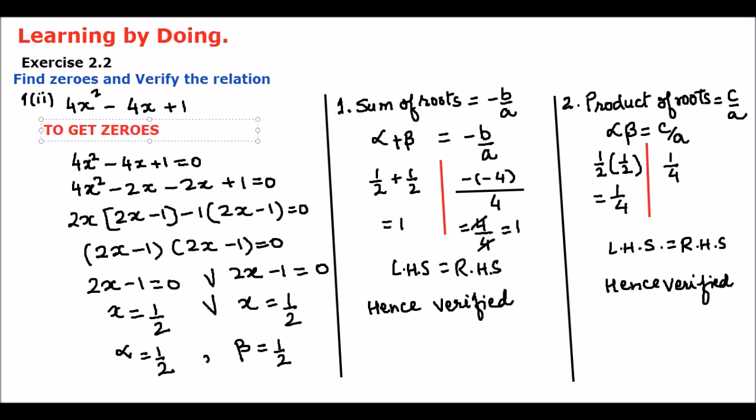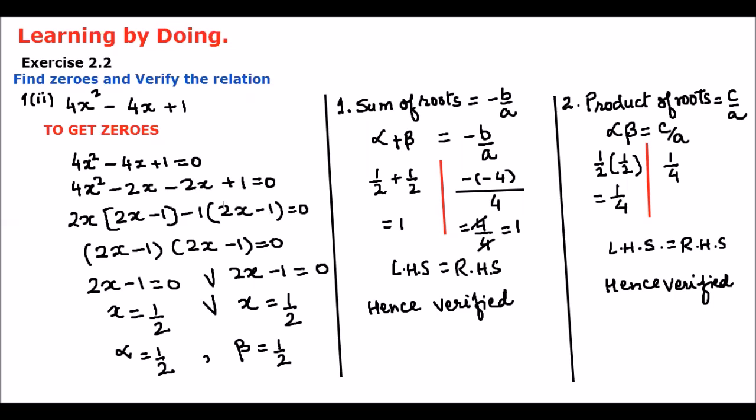zeros, we have to put it equal to 0. So, children, let's put this polynomial equal to 0 and then take the first two terms together and the last two terms together by splitting the middle term, and you will get 2x common and it is 2x minus 1. Then you will take minus 1 common and it is 2x minus 1 equal to 0.